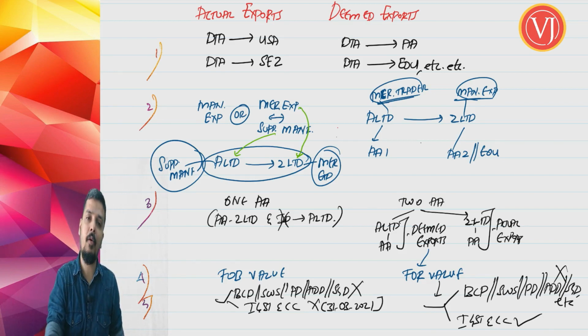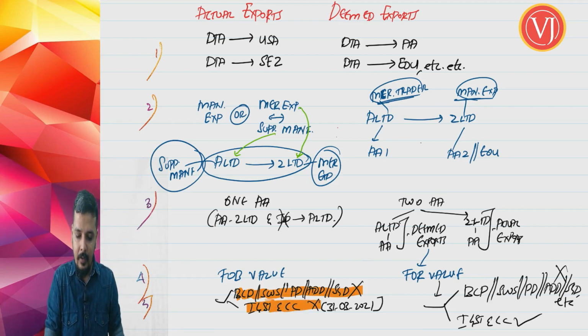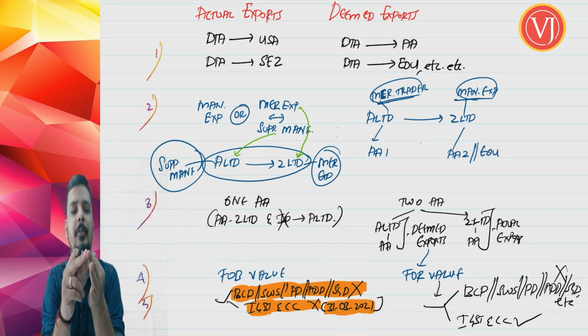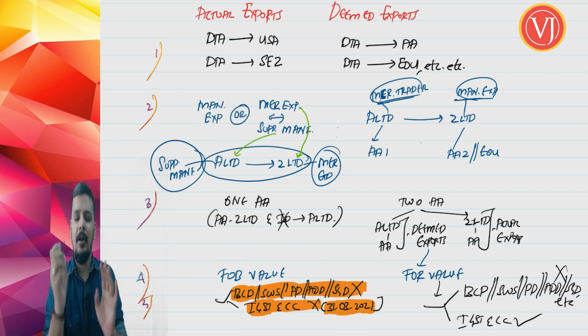So when I talk about the benefit of actual export, you are not paying any customs duty, though you are not paying IGST and compensation cess only up to 31st of March 2021. So the benefit of not paying BCD, social welfare surcharge, protective duty, anti-dumping duty, safeguard duty, anti-subsidizing duty is permanent.